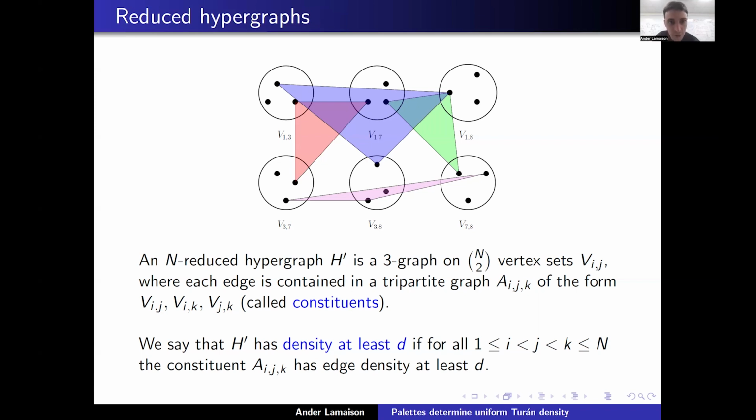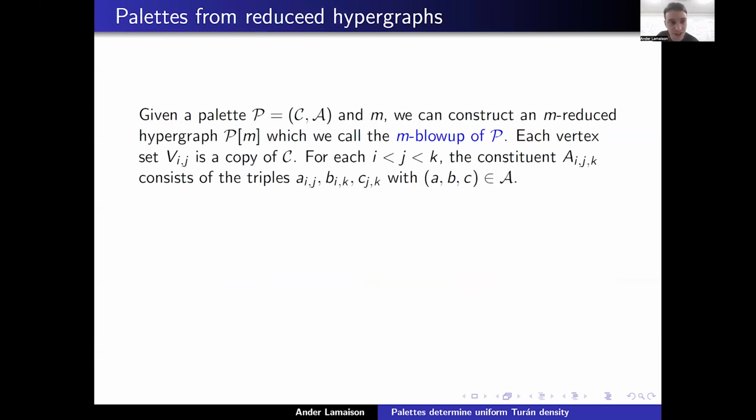And there is one special family of reduced hypergraphs that are important for the proof, which is the blow-up of palettes. So given some palette, we can construct an m-reduced hypergraph by taking m choose 2 copies of the set of colors. These are our vertex sets.